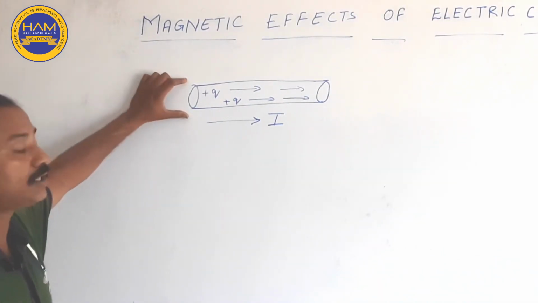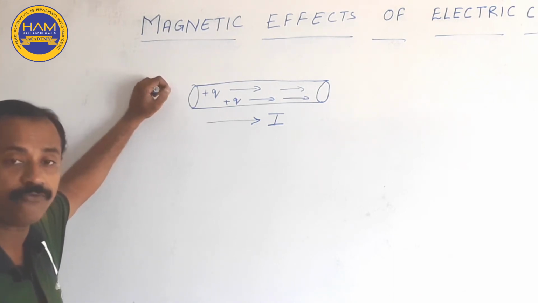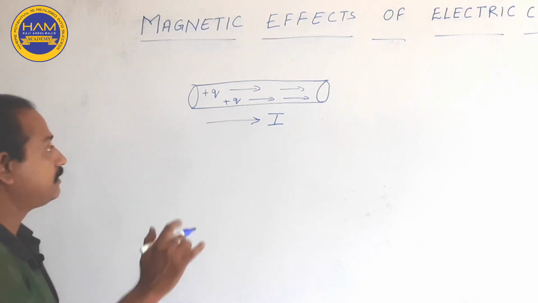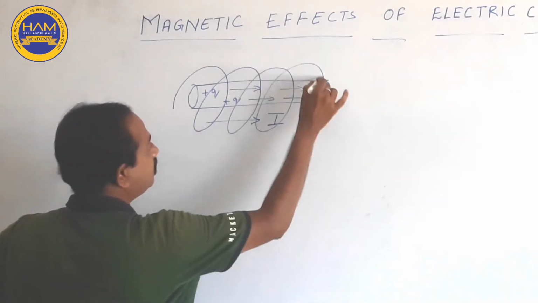Whenever the current is flowing through the conductor, by default it has been seen that it is associated with a magnetic field.